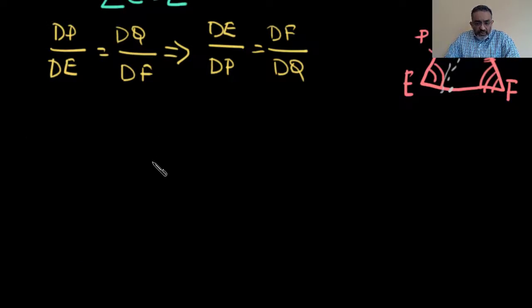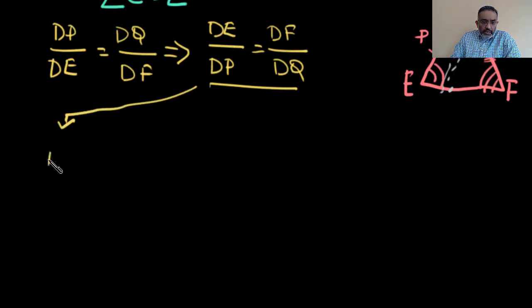Next, we are going to subtract 1 from both sides of this equation. So let me demonstrate that. We're going to get DE by DP minus DP by DP.